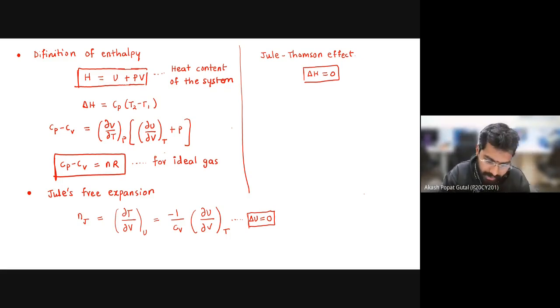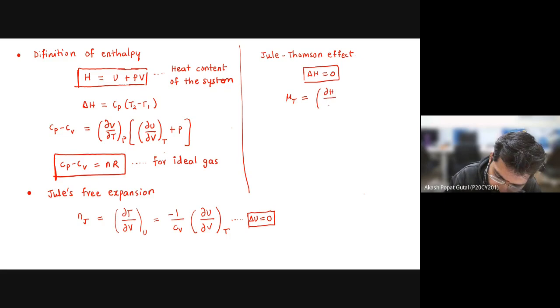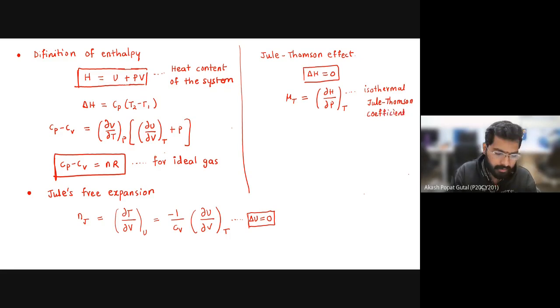So in that isoenthalpic process, we have defined the isothermal Joule-Thomson coefficient, which is nothing but del H by del P at constant temperature. Fine.